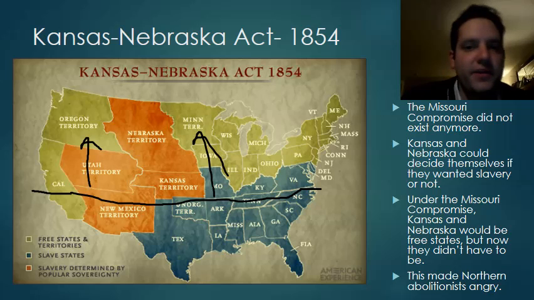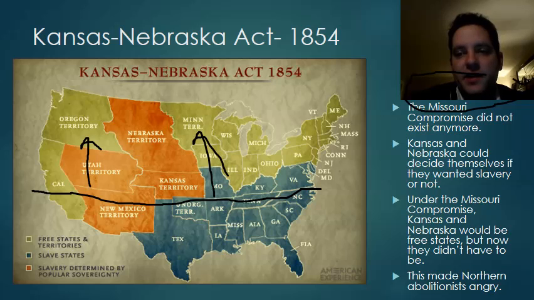So what happened with this, the Kansas-Nebraska Act of 1854, so about 30 years after the Missouri Compromise, got rid of the Missouri Compromise. So this line didn't exist anymore.